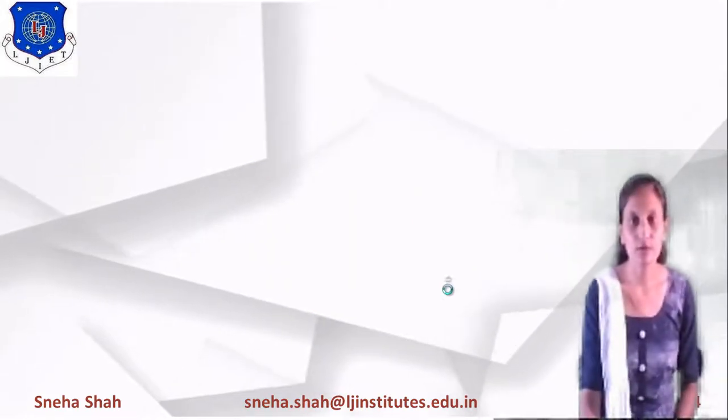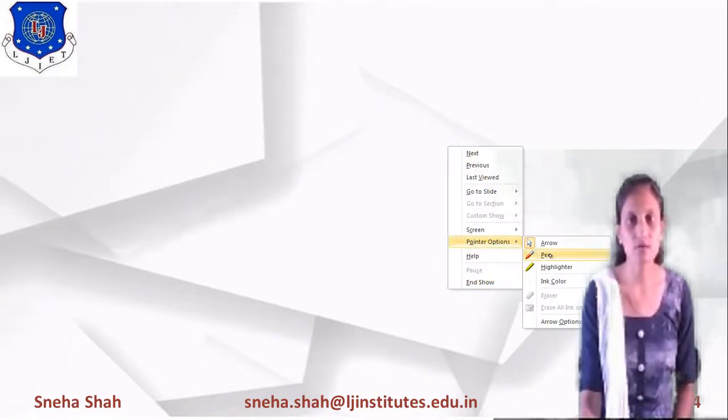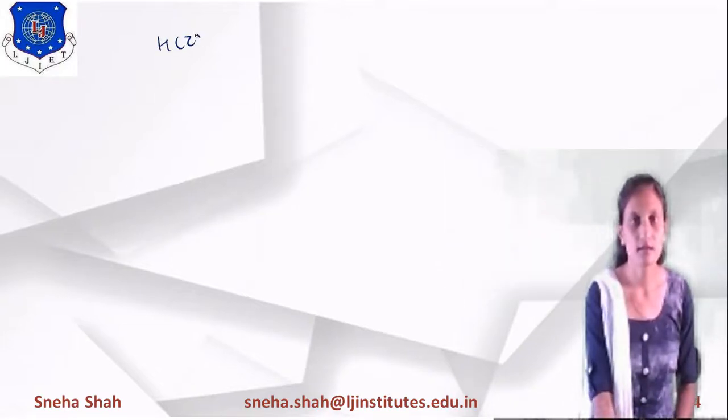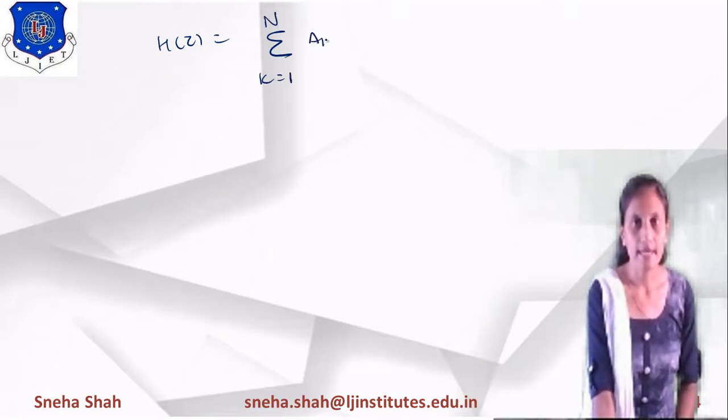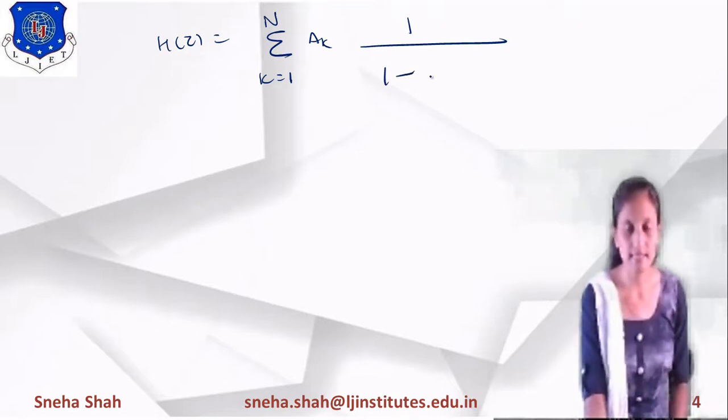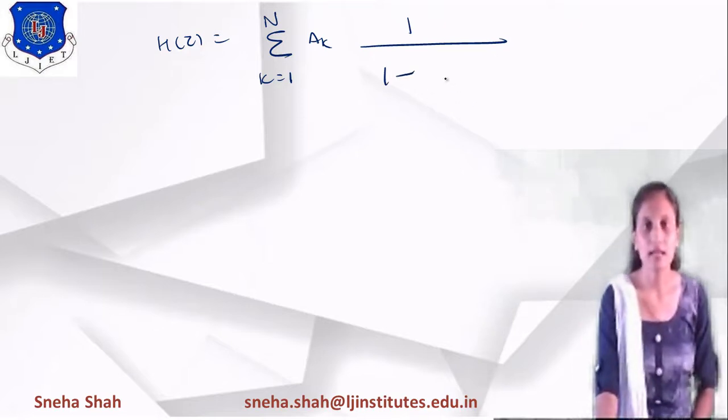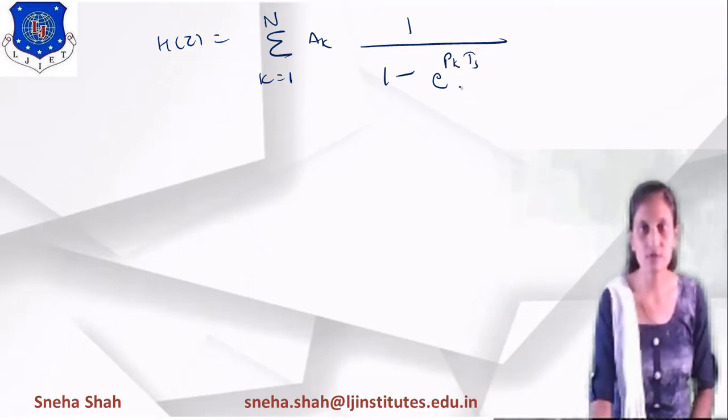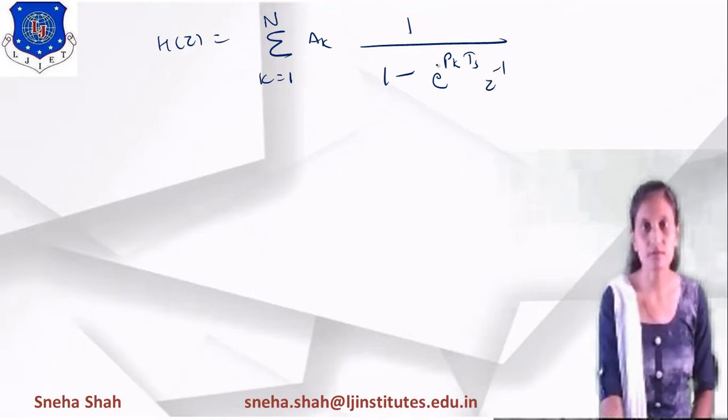So the value of H of z will equal summation k equals 1 to n ak, and the value of the next summation is 1 upon 1 minus a. What is the value of a? The value of a equals e raised to pk ds. n goes outside of this term, so e raised to pk ds into z raised to minus 1. Right, so this one is the value of a. So 1 upon 1 minus a.